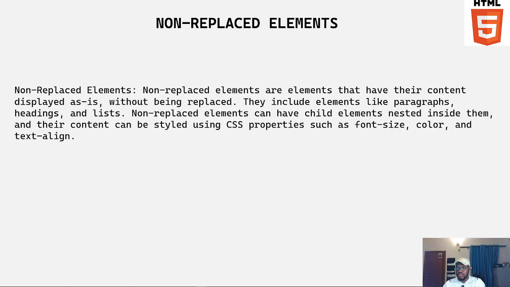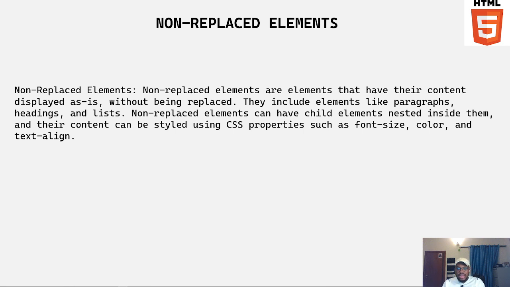We have non-replaced elements, replaced elements, and void elements. Non-replaced elements are elements that have their contents displayed as they are, without being replaced. They include elements like paragraphs, headings, and lists. Non-replaced elements can have child elements nested inside of them, and their contents can be styled using CSS properties.